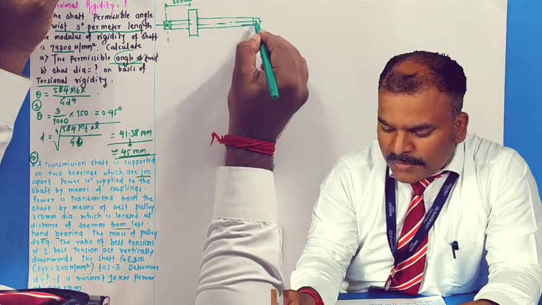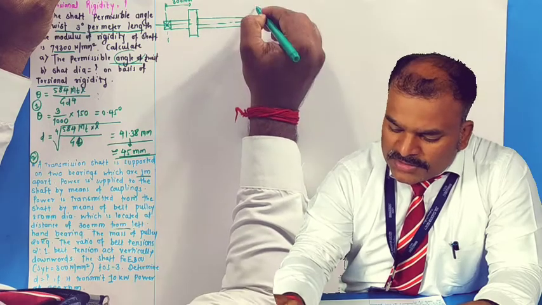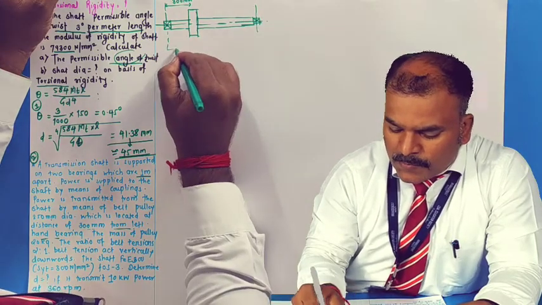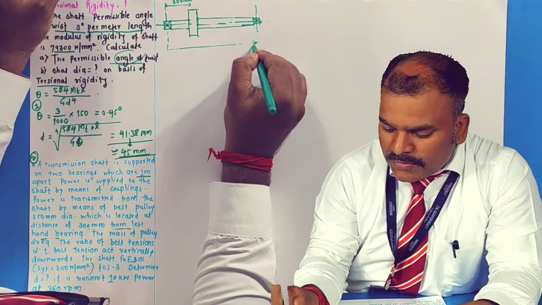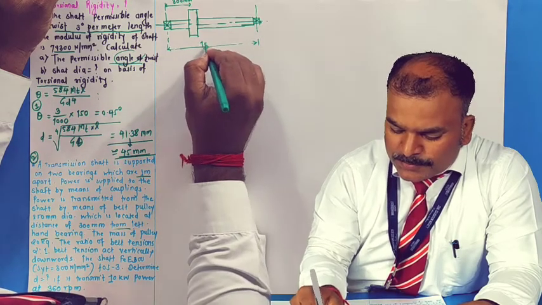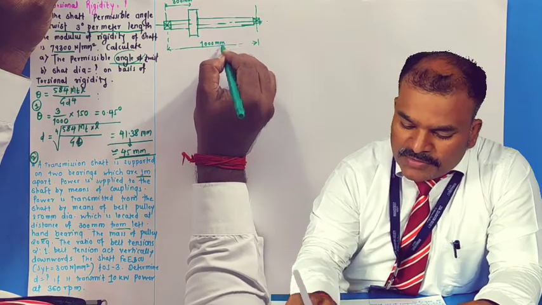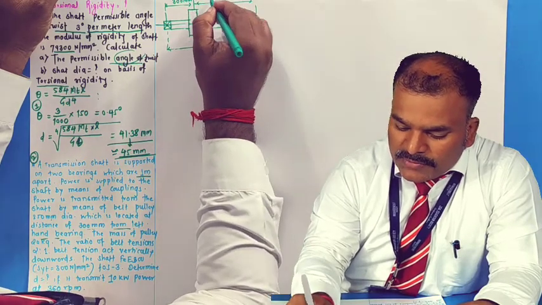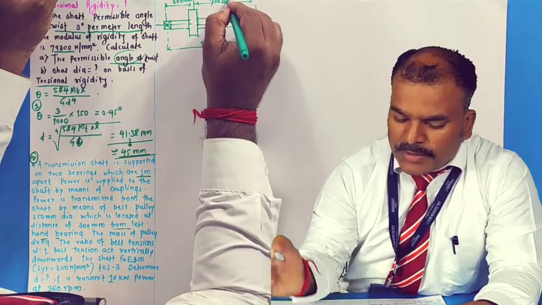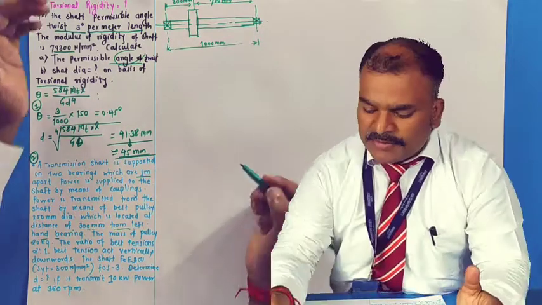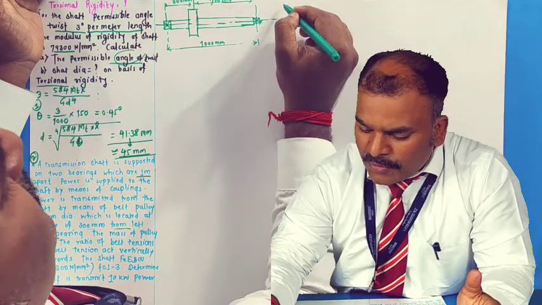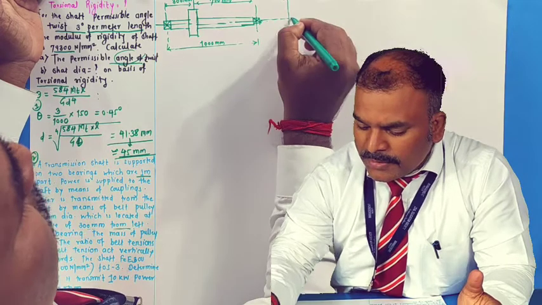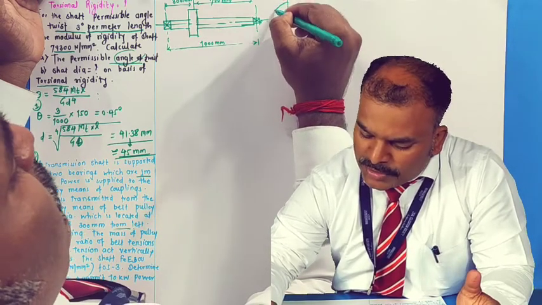Here is the bearing, and this distance is 1000 mm, so from this end the remaining is 700 mm. This is very clear. I will also have to draw a side view for my understanding of the diameter of the pulley and so on.